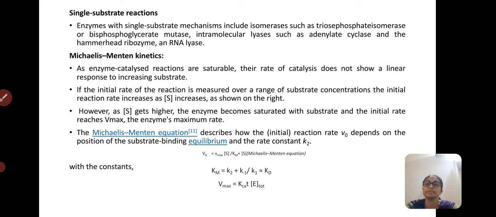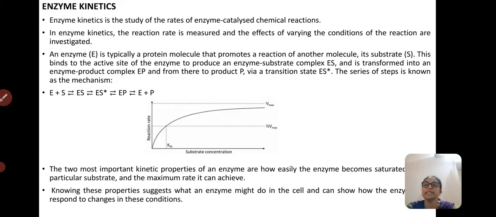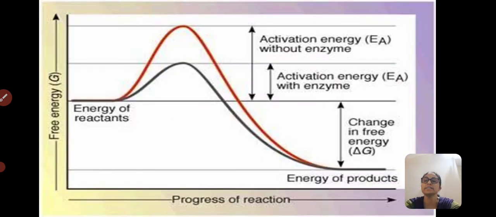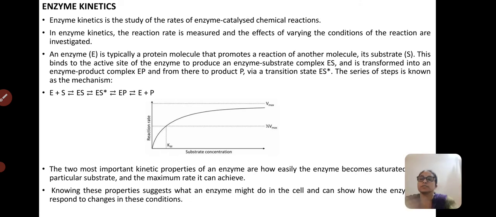We can see here E plus S gives ES and forms the enzyme substrate complex. That intermediary changes once again to EP, that is enzyme product. Still the product is not detached from the enzyme complex, and then the product finally detaches.